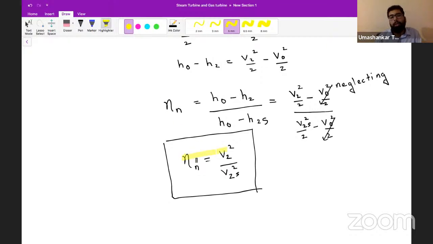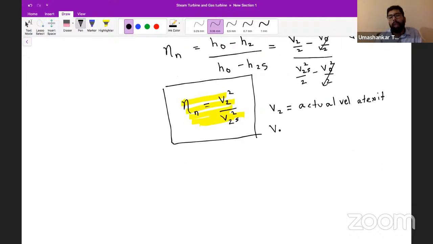We have a new formula. V2 represents the actual velocity at exit, and V2s is the isentropic velocity at exit.